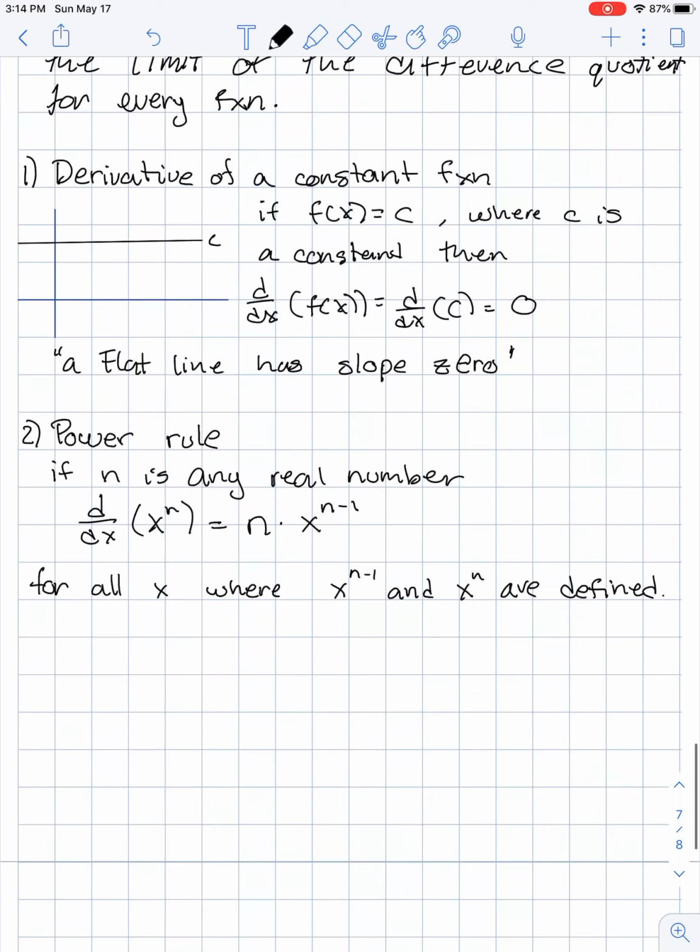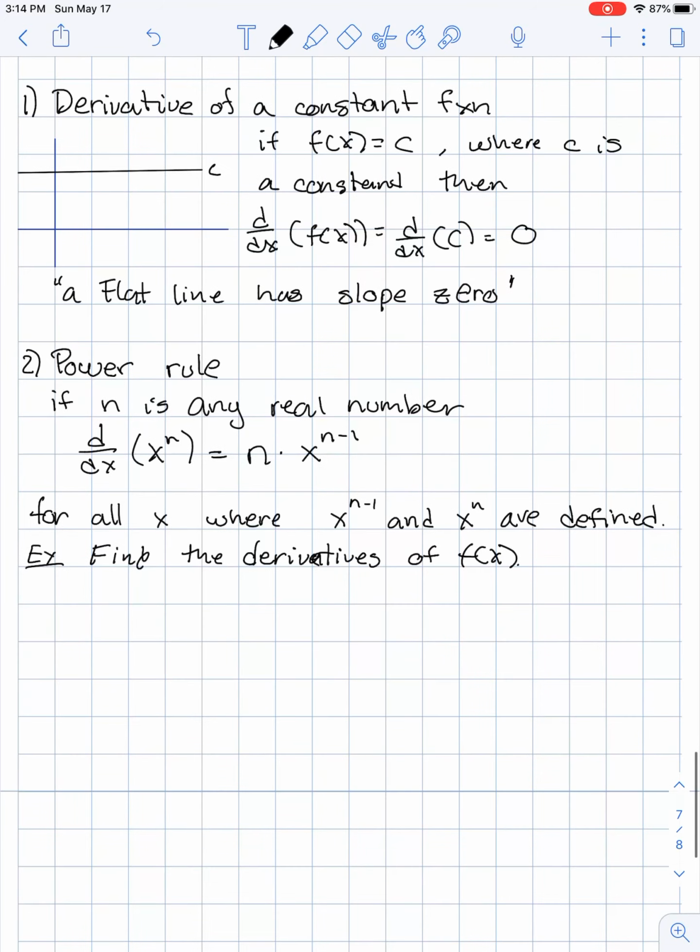All right, so let's do a few examples. So we're going to find the following derivatives of f of x, g of x, and h of x.